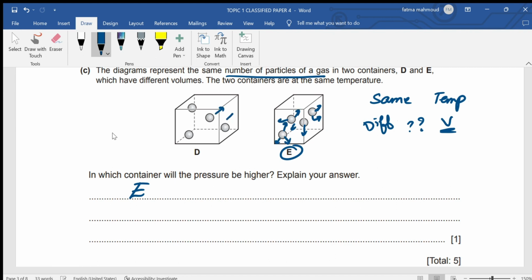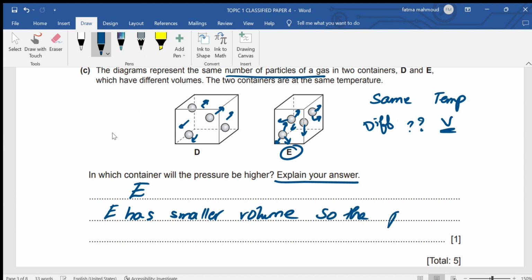But here we have more space in container number D. So the answer is E. Explain your answer. E has smaller volume, so the particles hit the walls of the container more often.